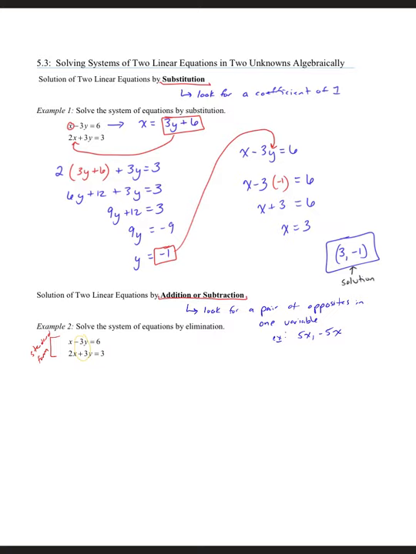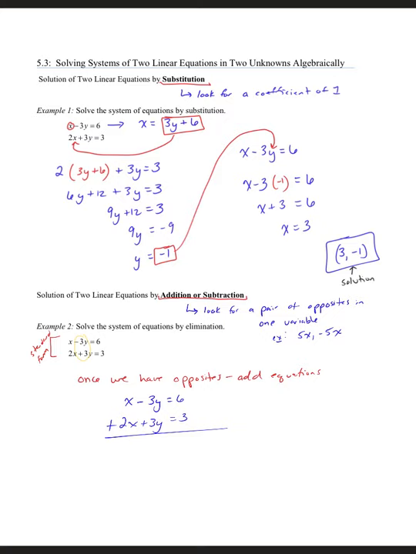So once we have a pair of opposites, we need to add these equations together. So I'm going to write that here. Once we have opposites, we want to add the equations. So we are going to take this x minus 3y equals 6 and add it to this 2x plus 3y equals 3.